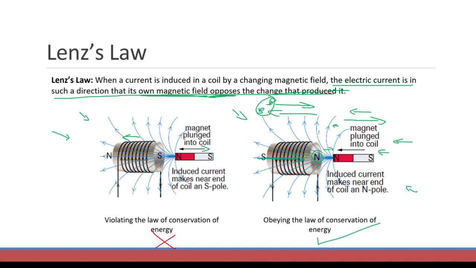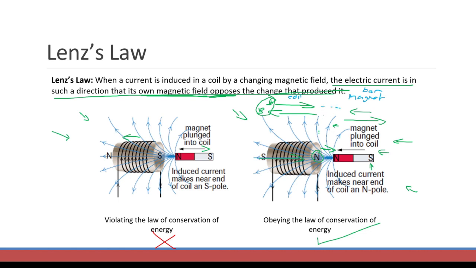So the idea for these questions is to oppose the direction of what the magnet is doing. If it's coming in, it's this way. If it's going here, different color. Here's what the bar magnet would be doing, and here's what the coil does.